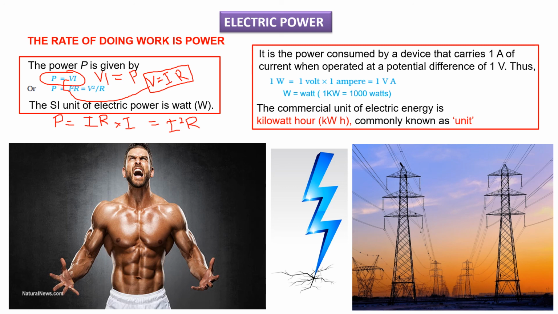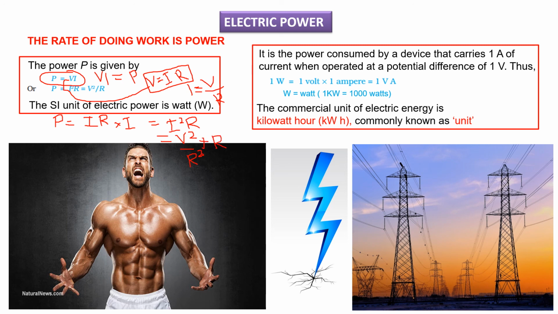And that can also be written in terms of V by R. So we know I is equal to V by R. So here change this: you make it as I is equal to V by R, whole square, into R. Correct?